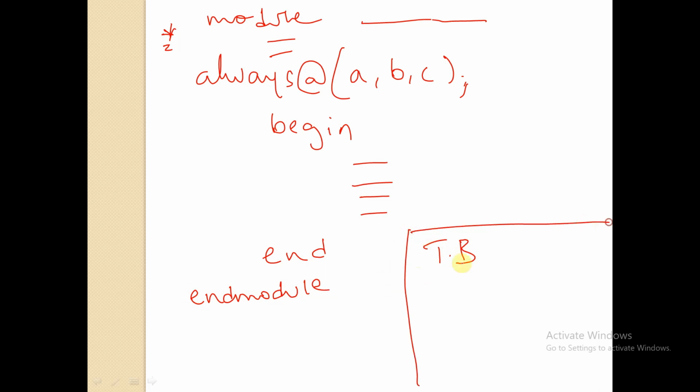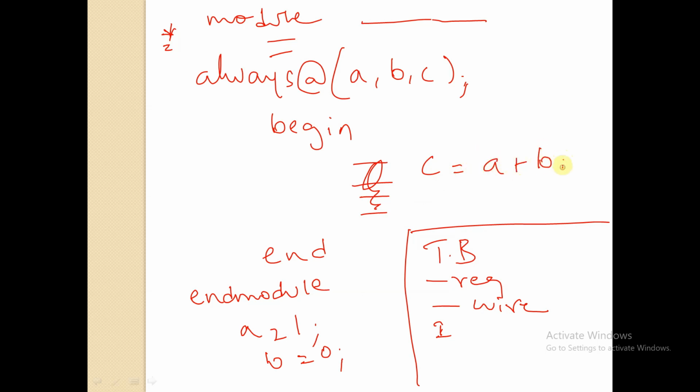In this TB, I've declared inputs as registers and outputs as wires, and I've instantiated my design in the TB, and I'm driving the values of A as 1 and B as, say, 0.